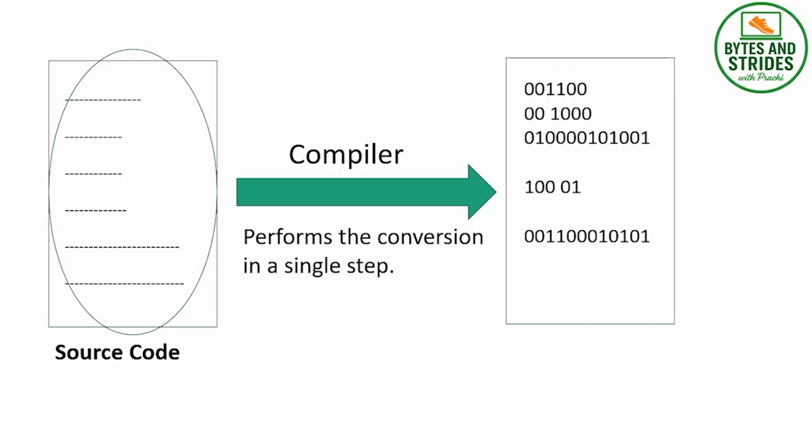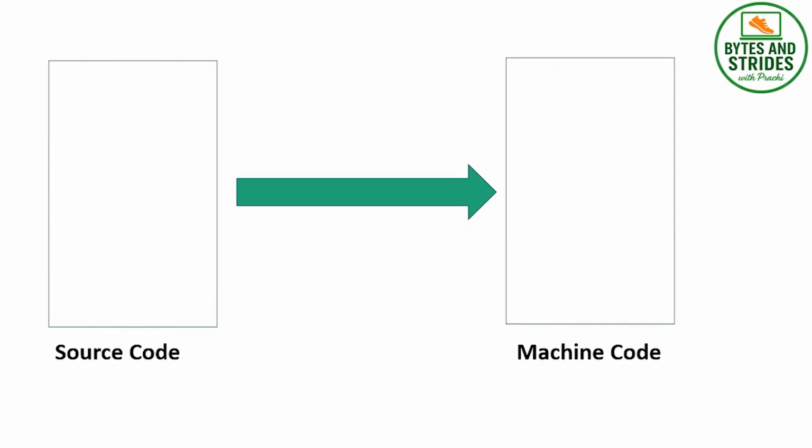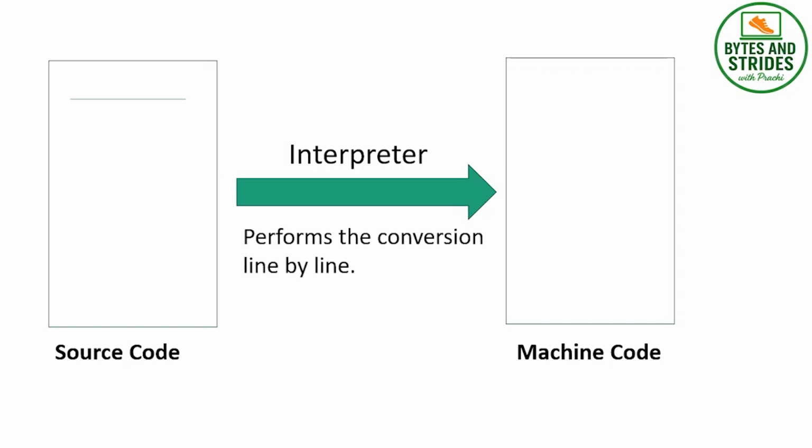Some programming languages are going to use the compiler. Another language translator that we are going to discuss is an interpreter. So say I have a source code, I need machine code, and now I want to use an interpreter. How is the interpreter going to work? It is going to convert my code line by line. So say I have one line of code, it's going to show me what is the machine code. Then the second line, it will execute the second line and so on.